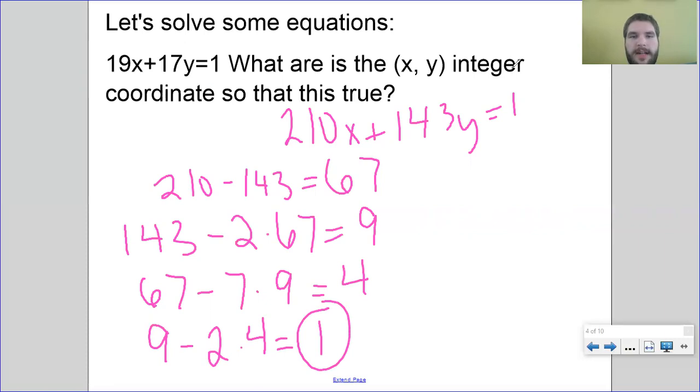All right, so now becomes the intricate puzzle of working backwards. So we don't like 4. 4 is no good for us. Instead of 4, we're going to put 67 minus 7 times 9. So 1 is equal to 9 minus 2 times 67 minus 7 times 9.